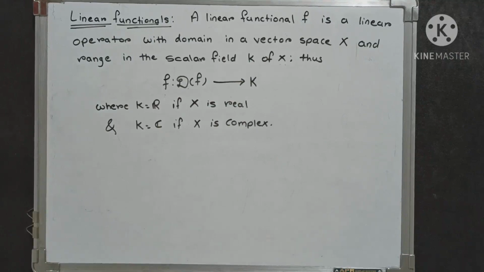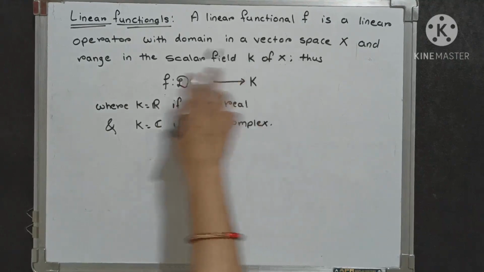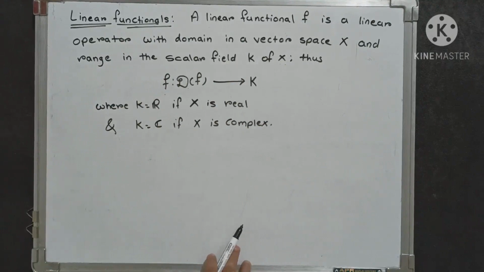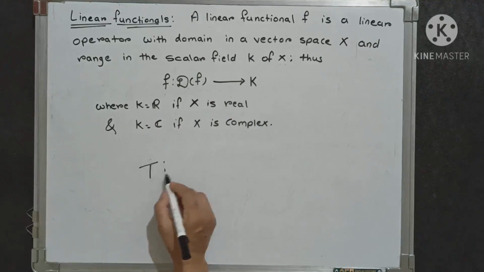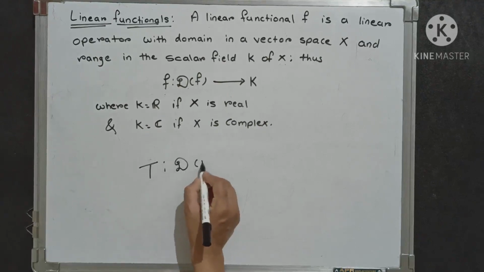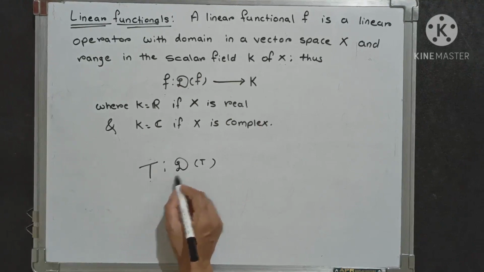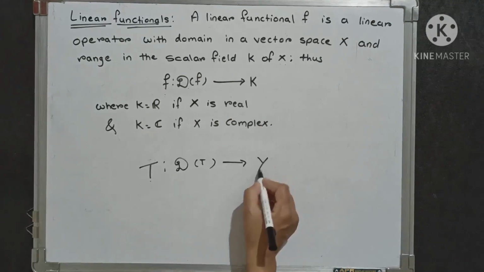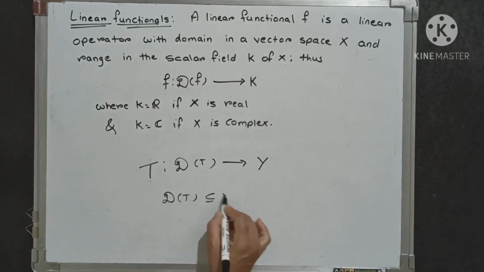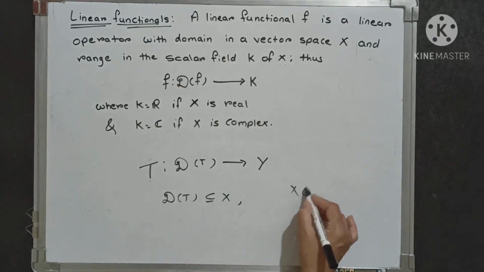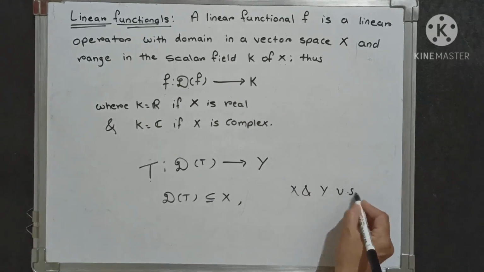Here from the definition we see that the linear functional is a linear operator, that means every linear functional is a linear operator with an additional condition. For a linear operator, if T is a linear operator, then we write script D of T, with the mapping T from script D of T to Y. Here we consider D of T a subset of X, and X and Y both are vector spaces.